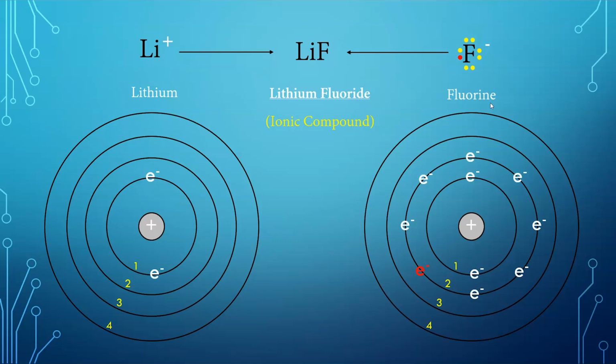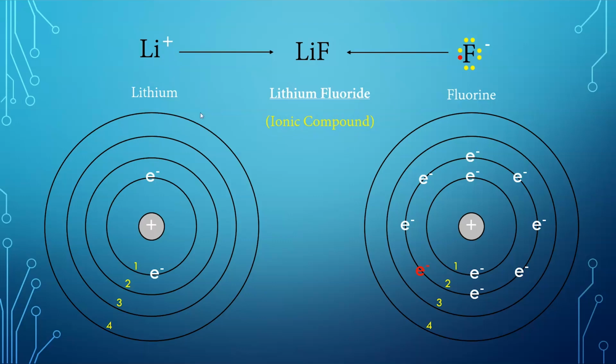Very nasty stuff. And it's very reactive because it's dying to get that extra electron. But once the fluorine gets that electron, whew, I'm happy as a clam now. I look just like neon. So fluoride ions are actually very inert, which is why they're excellent at protecting your teeth from decay.